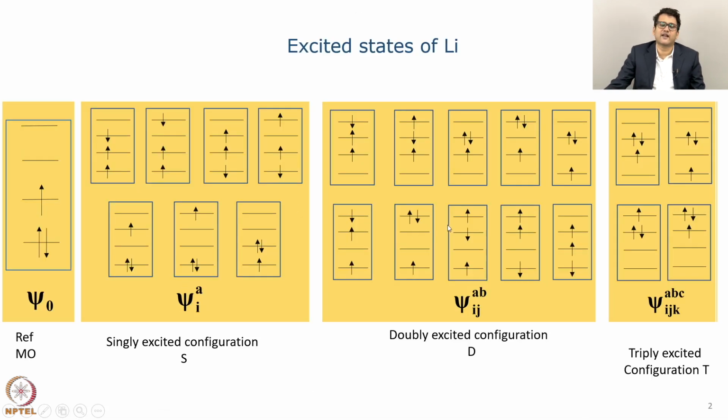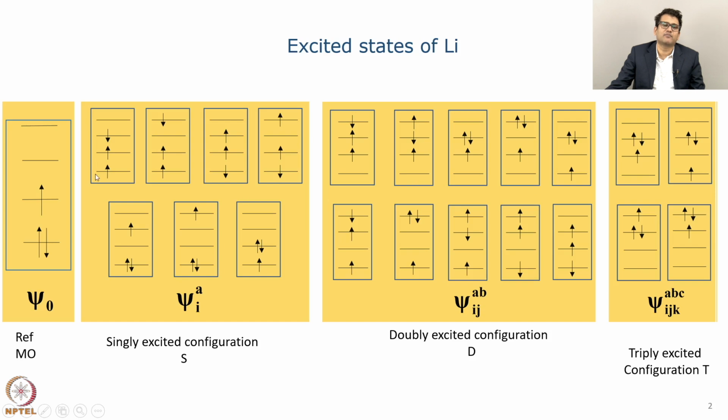Similarly, when I say the excited state is dominated by double excitation, it does not mean that it does not have any contribution from single excitation or triple excitation. It definitely has some contribution, but the contributions are generally small, and the dominant contribution comes from the double excitation. And it may not be a single double excitation, it may be a linear combination of double excitations.